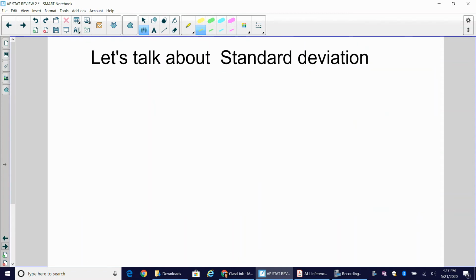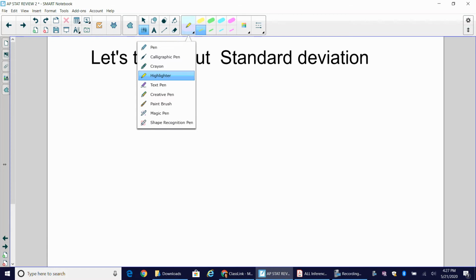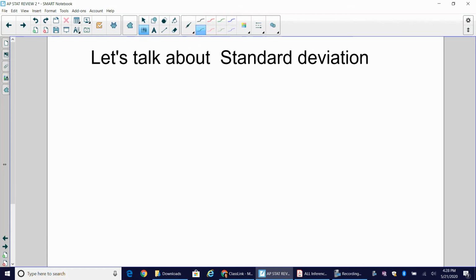Let's talk about standard deviation. Okay, standard deviation, we're going to focus in on quantitative here. So when we look at standard deviation, this is from the population, we get sigma. Now, most of the time, we don't know sigma. So we have to calculate standard deviation from our sample.